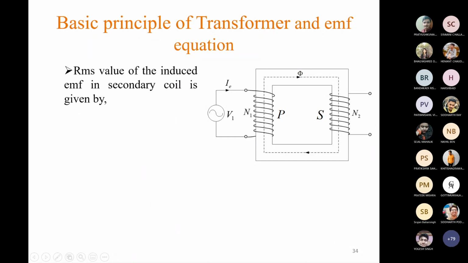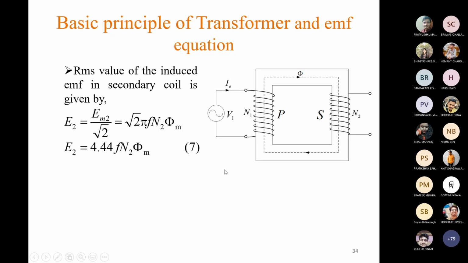So therefore we can find the RMS value of this induced EMF. E2 equals the maximum value by root 2, so that is root 2 pi f N2 phi m, which is a similar expression to E1. So E2 equals 4.44 f N2 phi m. The only difference is the number of turns, the other terms remain the same.